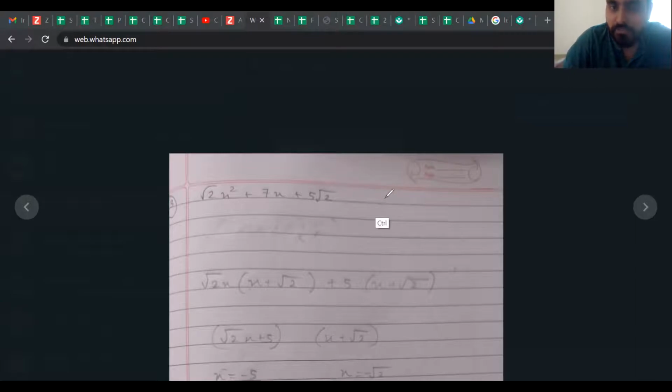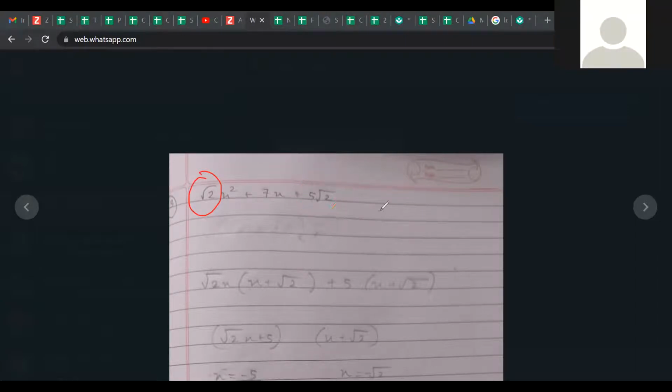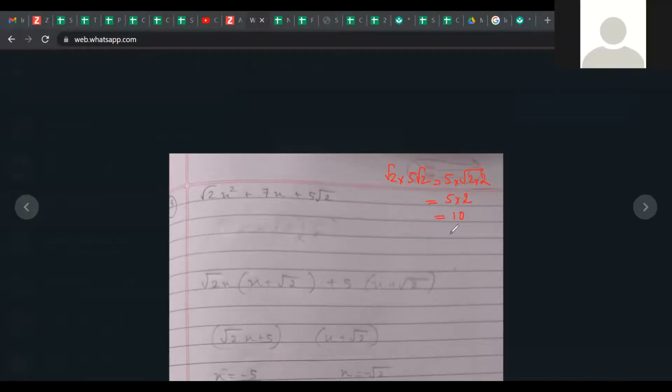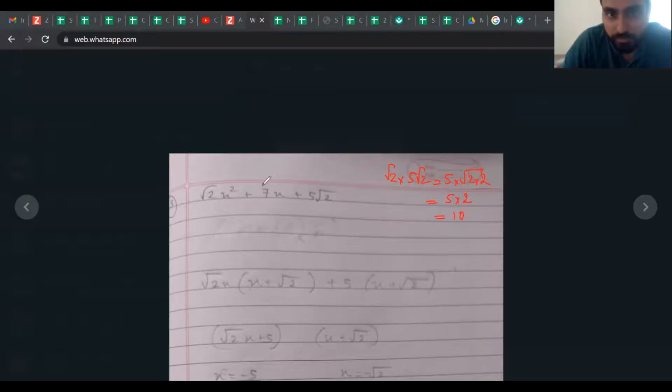In the splitting the middle term method, I have to multiply this number into this number. So I'm going to get root 2 into 5 root 2. That will give me 5 into root over 2 into 2, that's basically 5 into 2, equal to 10. Correct? Now I have to find two numbers, breaking 7 into two numbers, that when I multiply them, I should get 10, and when I add them, I should get 7.